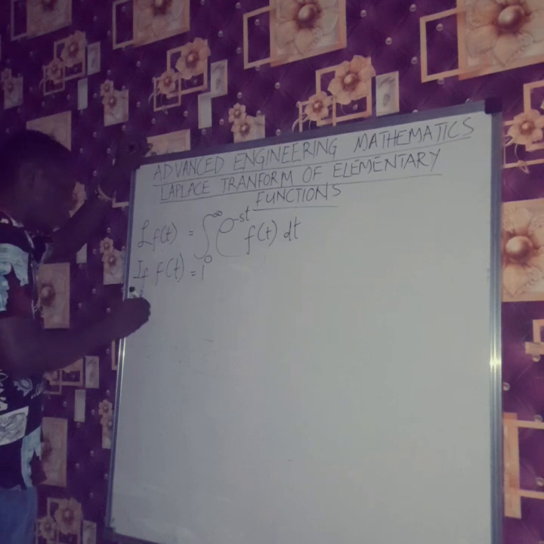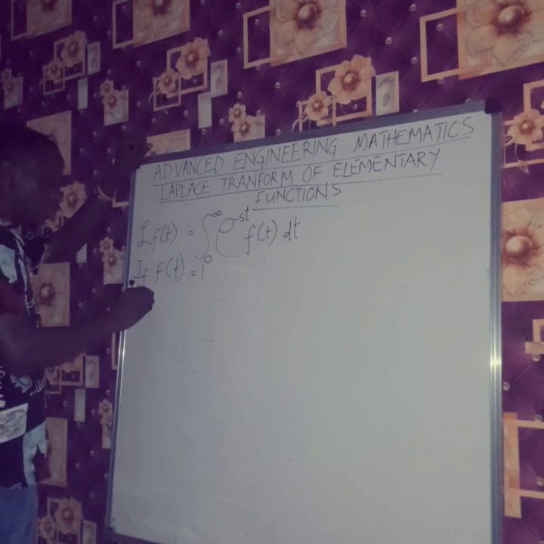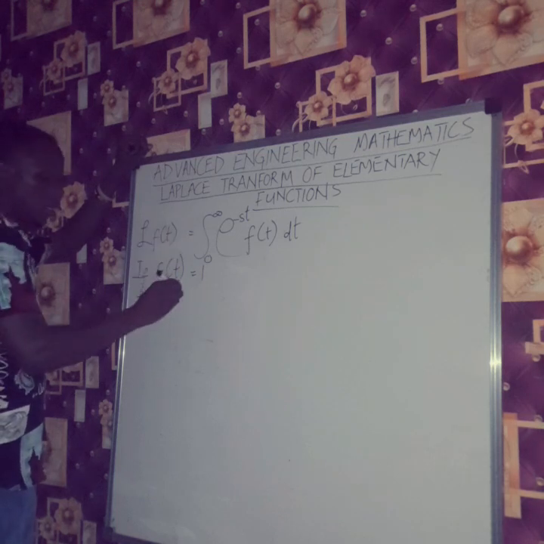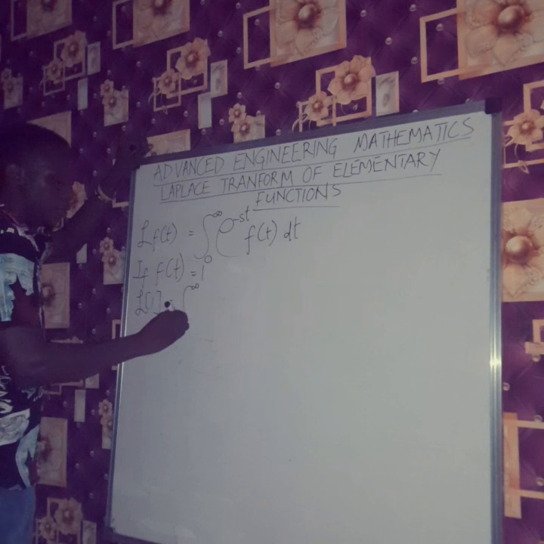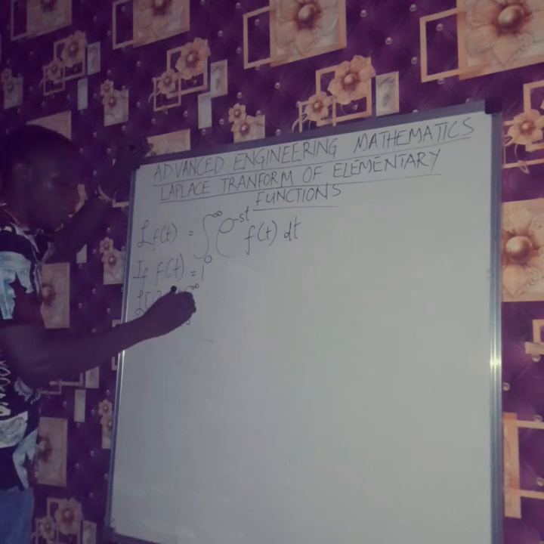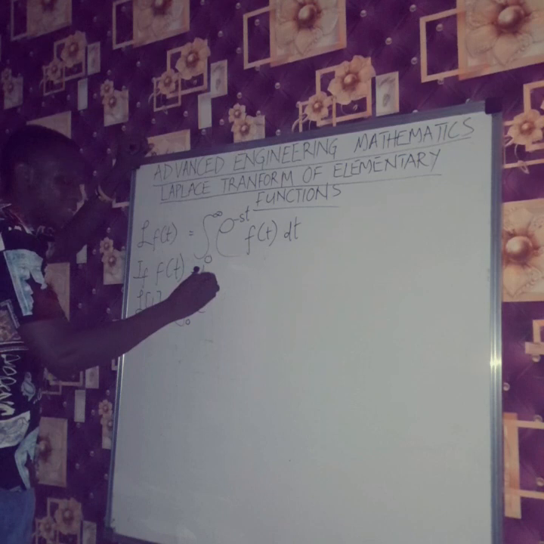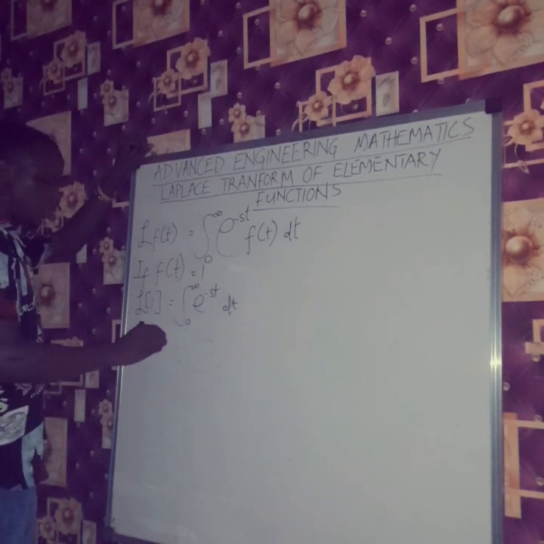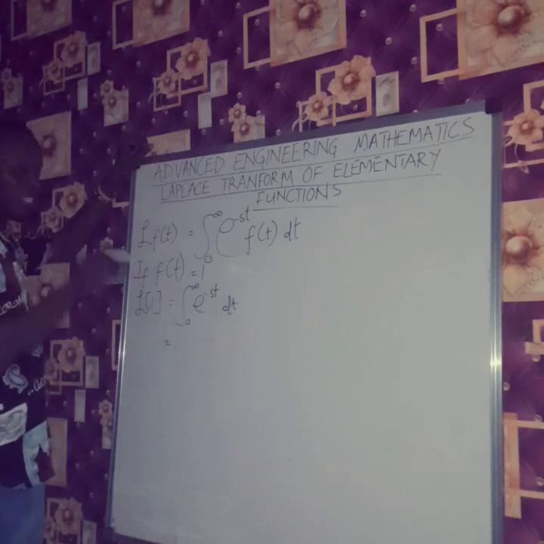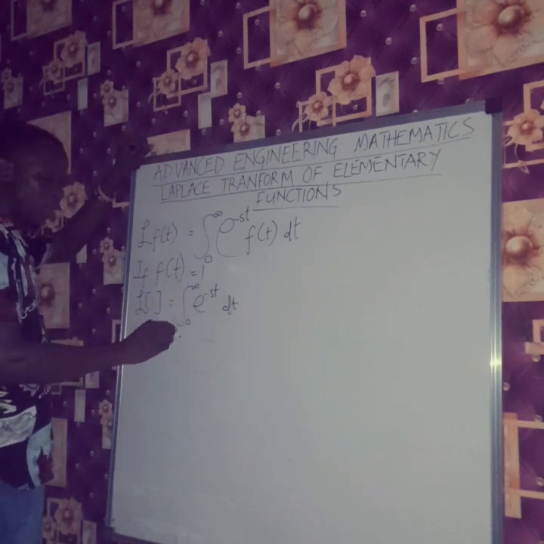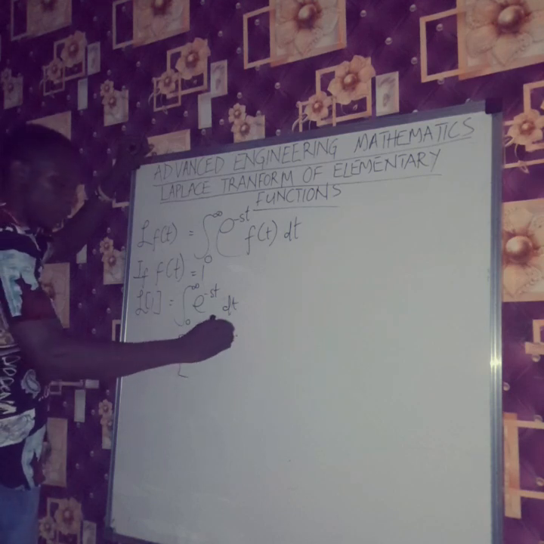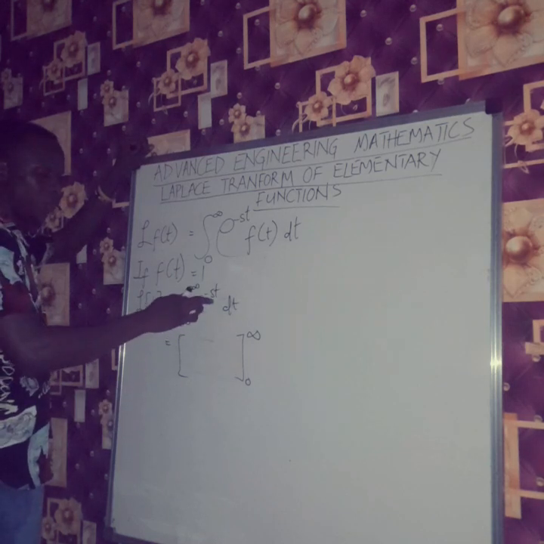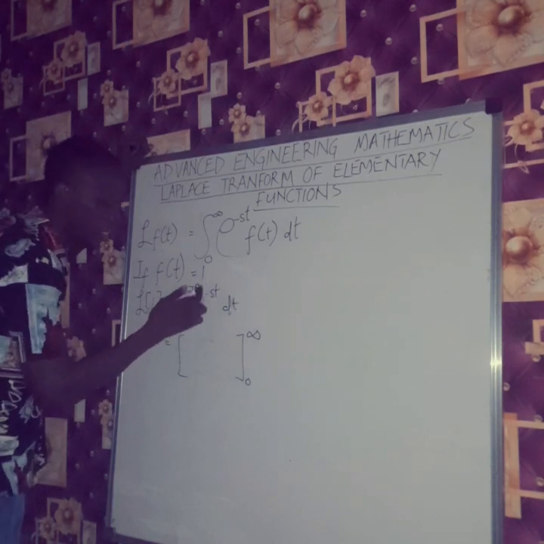Say f of t is equal to 1, I have the Laplace transform of what? Instead of f of t now I have 1, which is equal to the integral from 0 to infinity of e raised to the power minus st, where f of t is 1, dt. Now I will use a definite integral. The integral of e raised to the power minus st means I will differentiate this here.